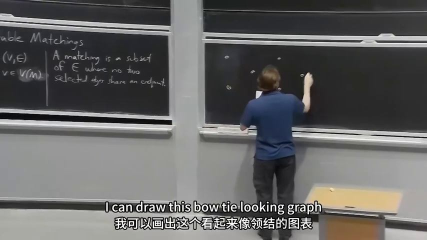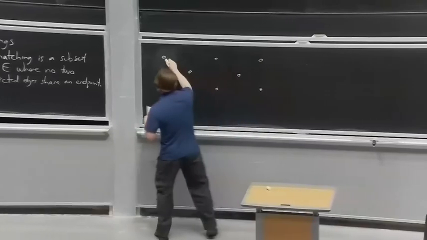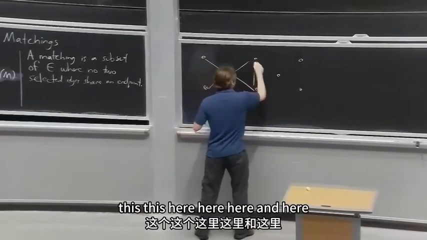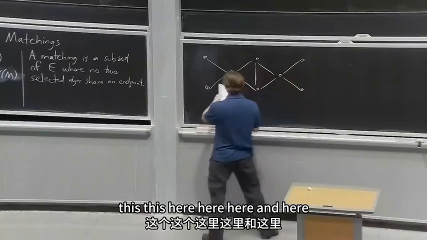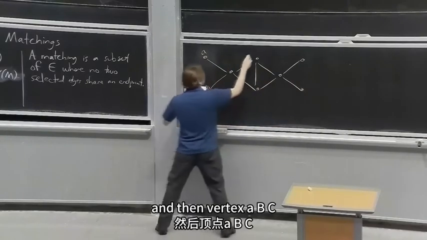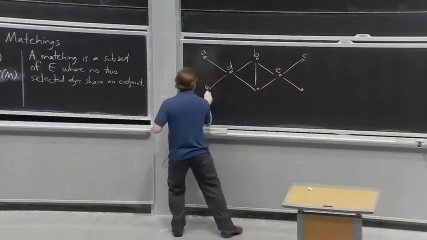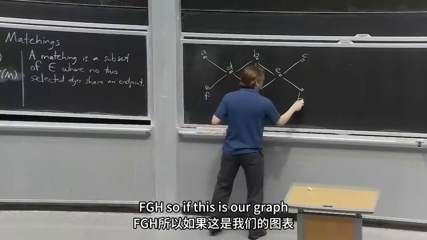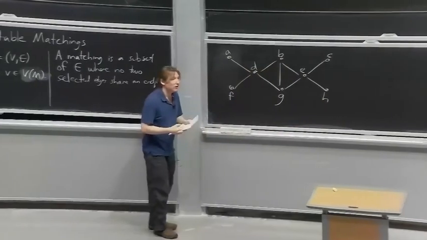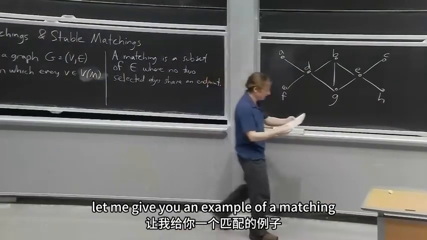I can draw this bow tie looking graph, here, and here. And then vertex A, B, C, D, E, F, G, H. So if this is our graph, let me give you an example of a matching.